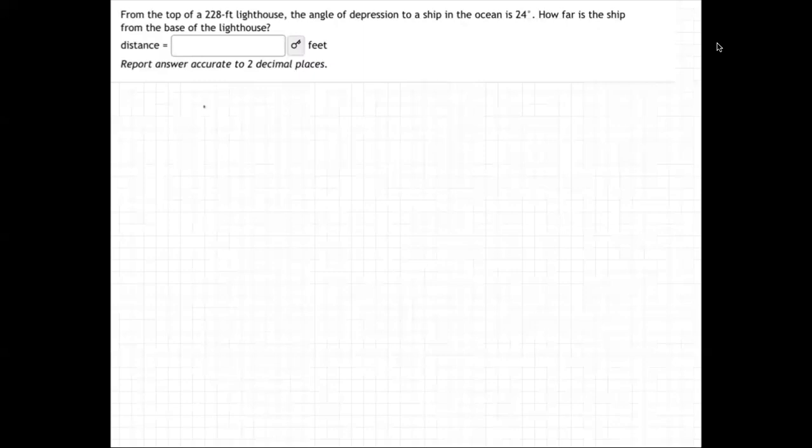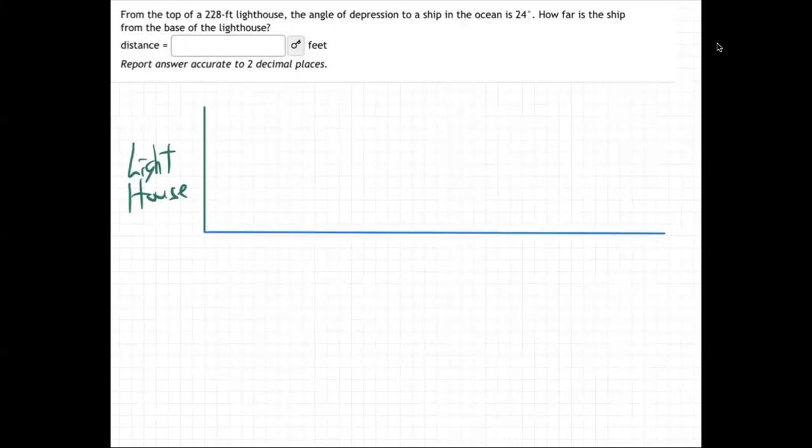All right, so here's a lighthouse. It's a straight up and down lighthouse. From the top of that, the angle of depression to a ship is 24 degrees. So we get this ship way out here, let's say.